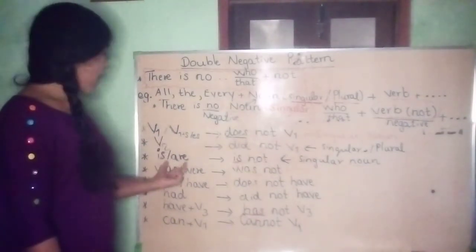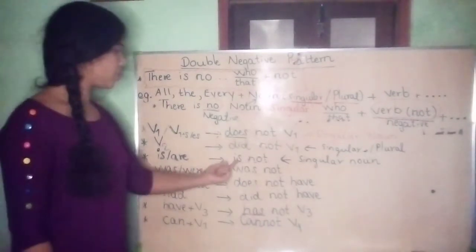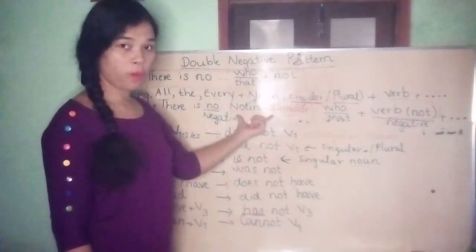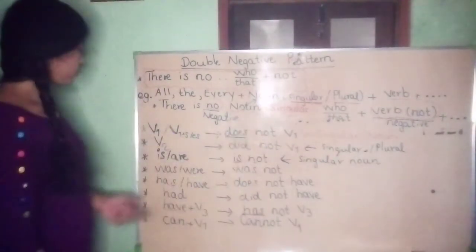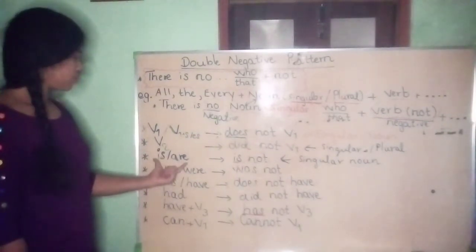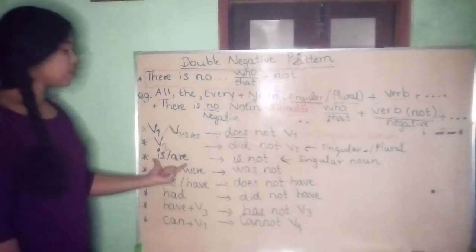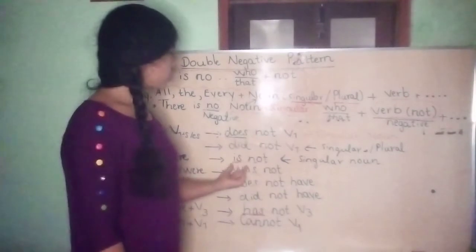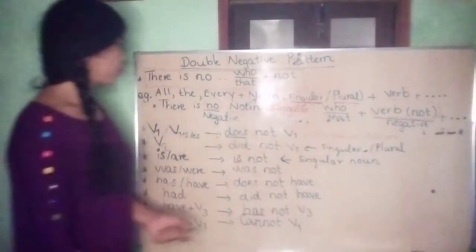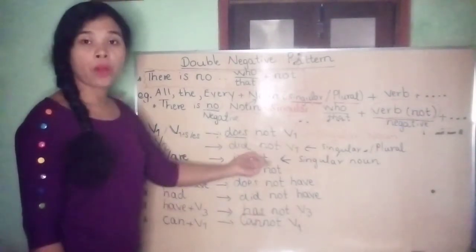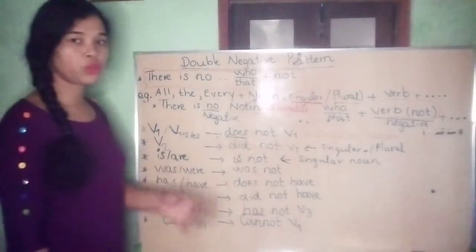Even though you see are, you need to change that into is, because a singular noun has been used in this pattern. Whether the verb is singular or plural, you need to change that into singular form. Is not is correct. Are not is incorrect. So you shouldn't use are not.